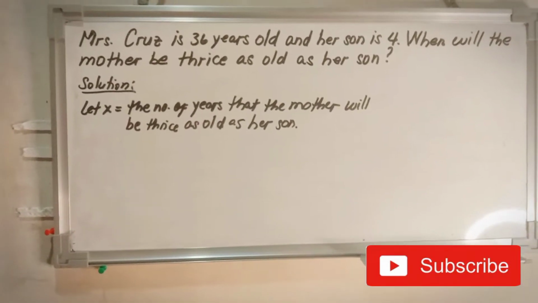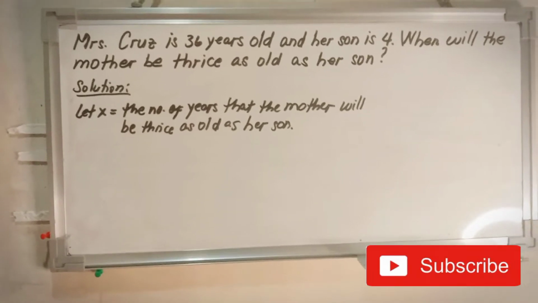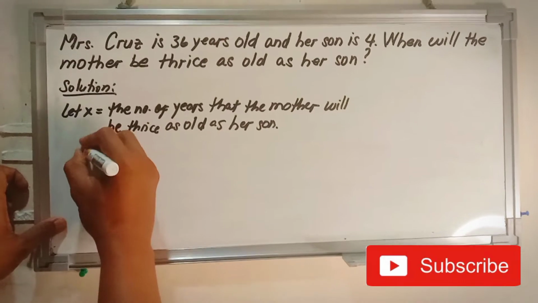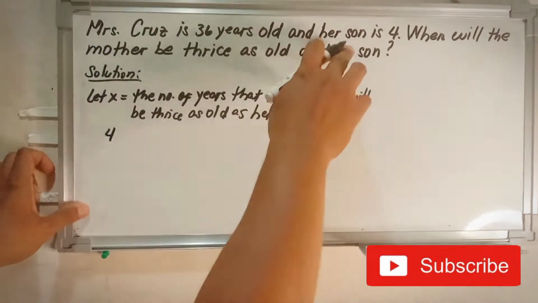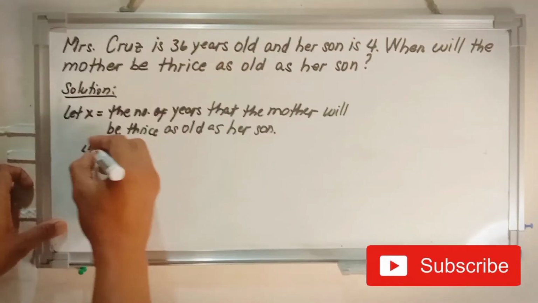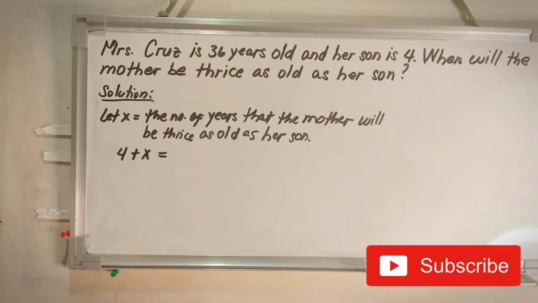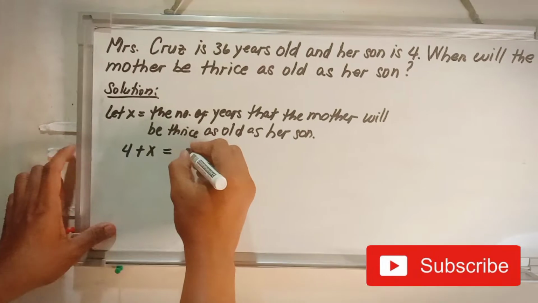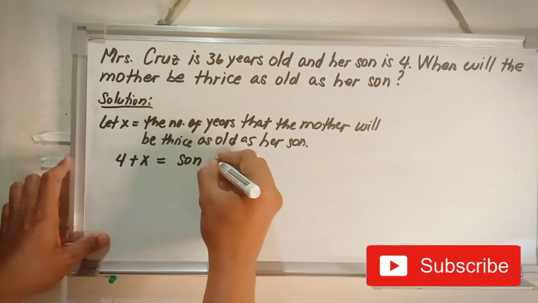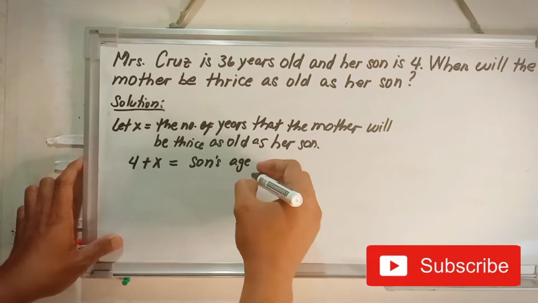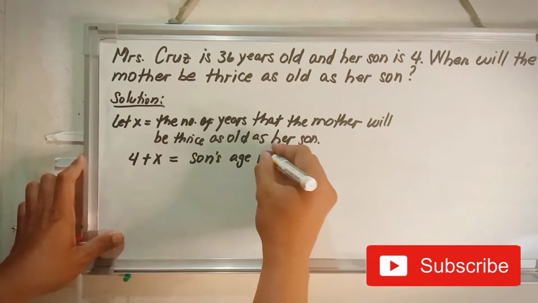The second condition is 4 plus x. Okay, 4 is the age of her son. 4 plus x is equal to the son's age in x years.